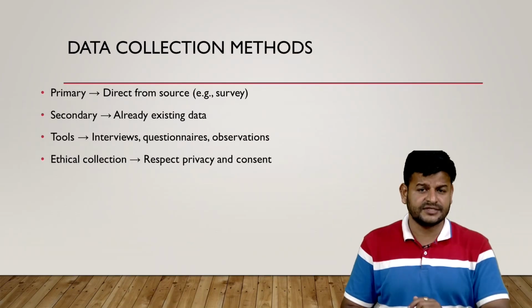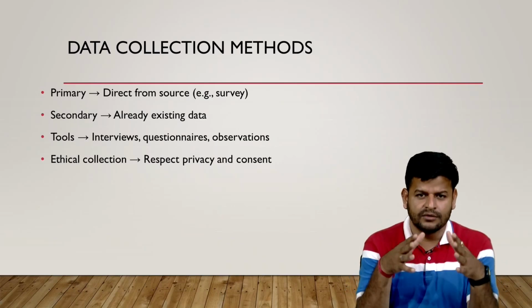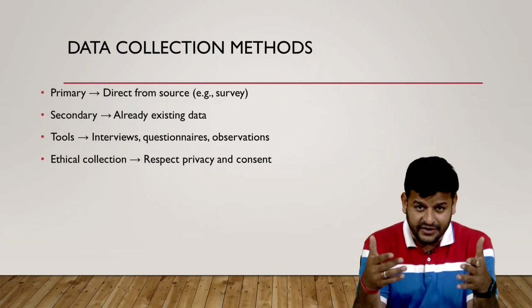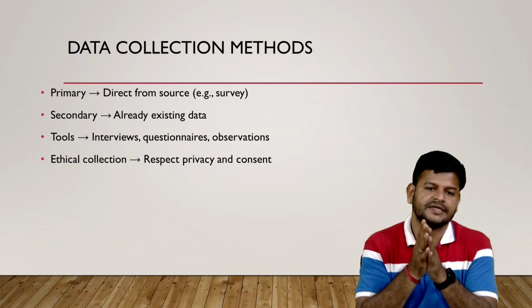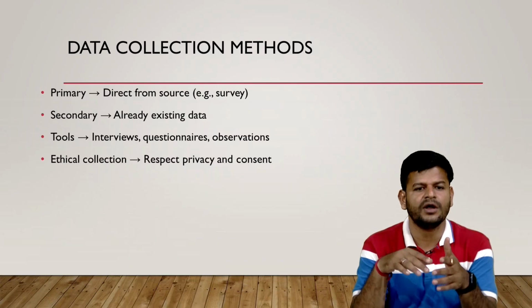Data collection methods: primary is all the way direct from the source, raw, at the ground level, that is primary data. Secondary already exists somewhere, so we use that data for our purpose.